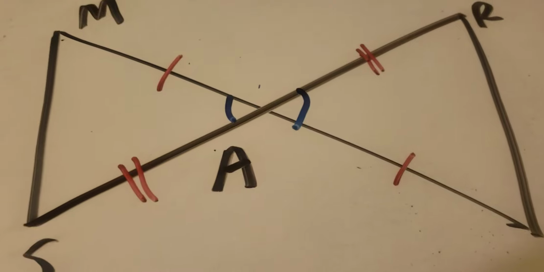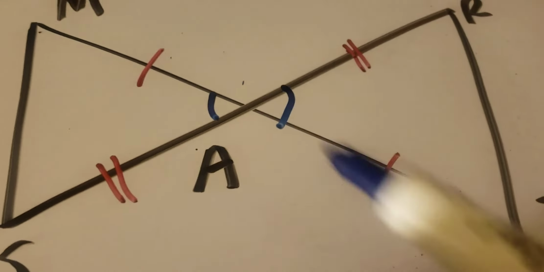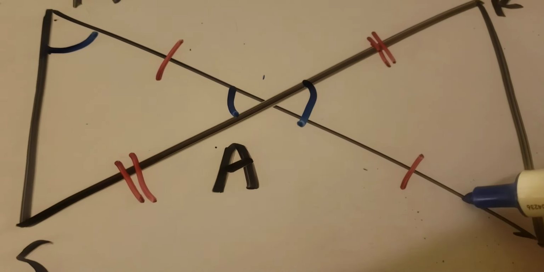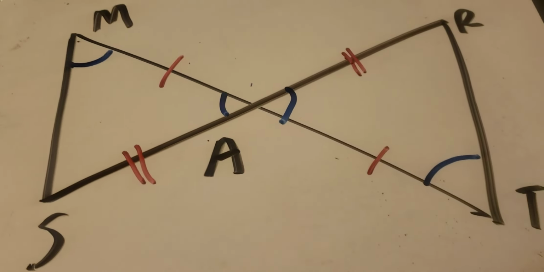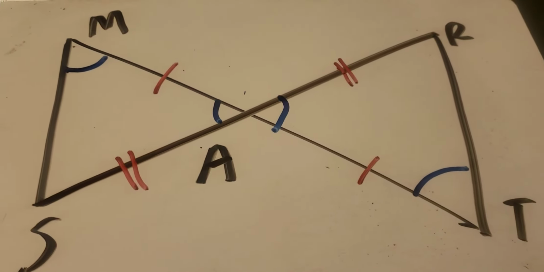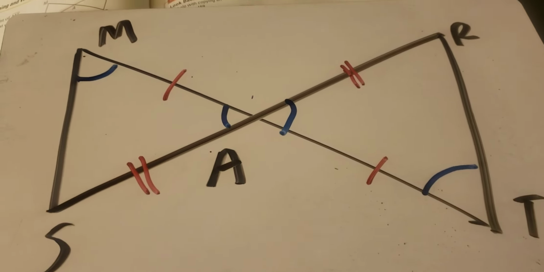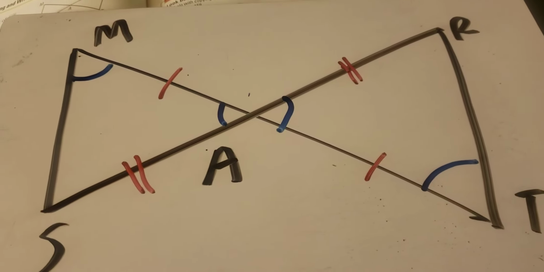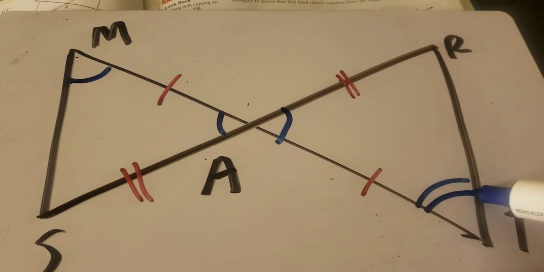They're both transversals. So I'm going to say angle M and angle T are congruent, okay? So if I say angle M and angle T are congruent, the reason would be corresponding parts of congruent triangles are congruent, CPCTC. So I have enough to say that those two, and let me put two markings there, sorry.